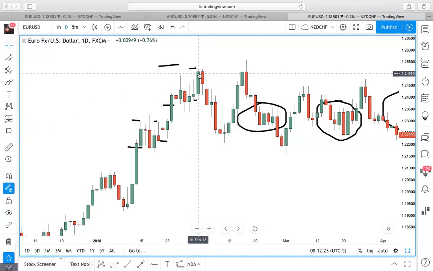So price closed here and it dropped hard. This indicated to everybody to short, especially since we're at resistance. So everybody shorted. The banks recognized that and they bought, shooting price back up.